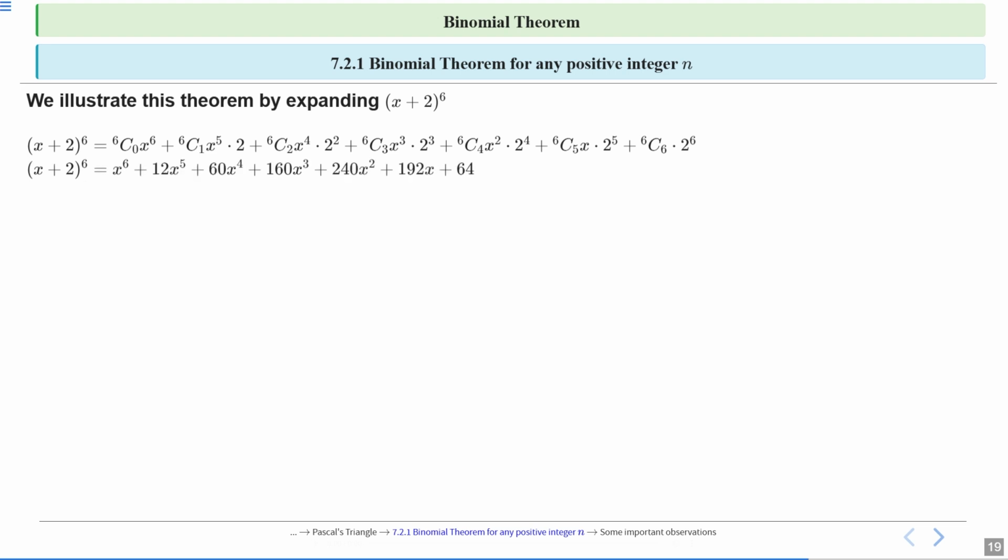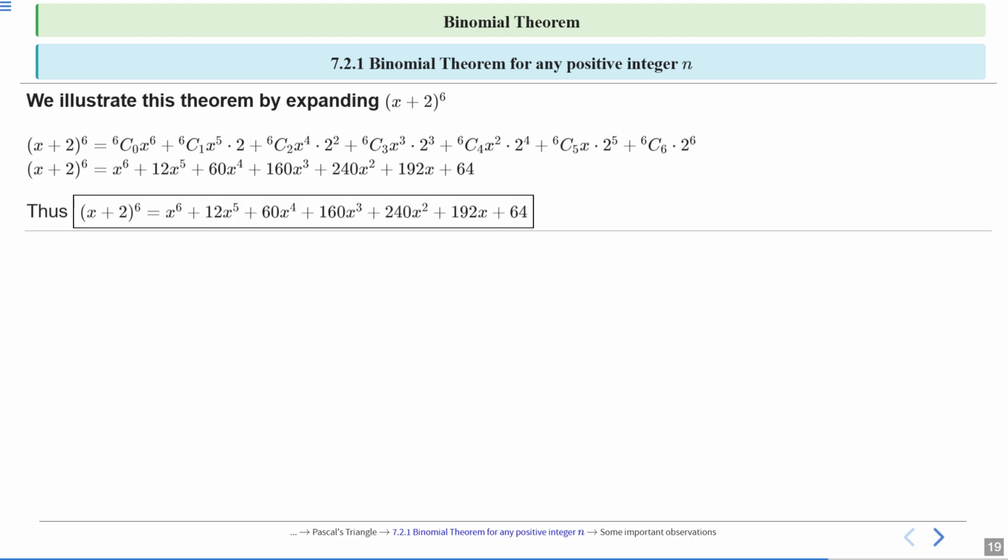And it implies (x+2) to the power 6 is equal to x to the power 6 plus 12 times x to the power 5 plus 60 times x to the power 4 plus 160 times x to the power 3 plus 240 times x square plus 192x plus 64. Thus, (x+2) to the power 6 is equal to x to the power 6 plus 12 times x to the power 5 plus 60 times x to the power 4 plus 160 times x to the power 3 plus 240 times x square plus 192x plus 64.